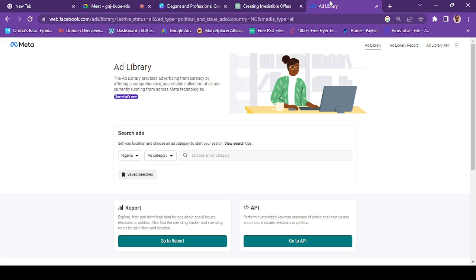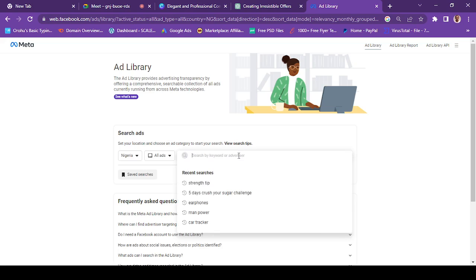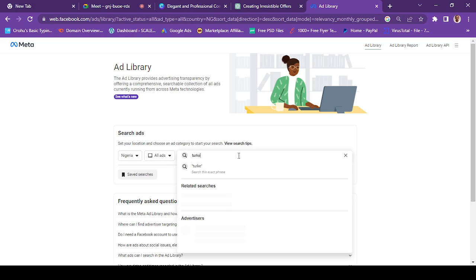This is Facebook Ad Library. So if, for instance, I want to run an advert, we are still on that clothing line, I may want to come and check here to see adverts that are currently running. Maybe I can say Turkey wears.